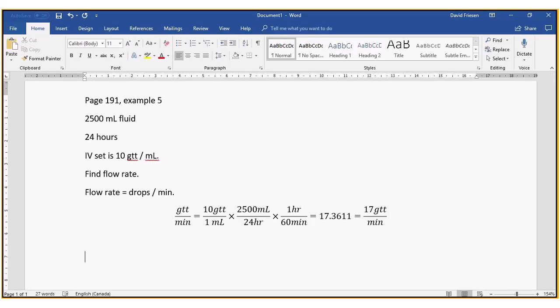Where things might get a little more challenging is, like, this is a pretty straightforward example. You've got volume, you've got duration, and you've got your IV set rate. Where things get a little more complicated is where a scenario comes up where a certain volume has been used up already at the wrong rate, for example.